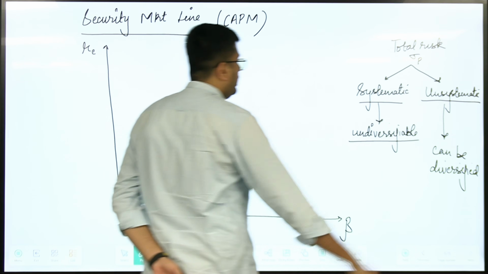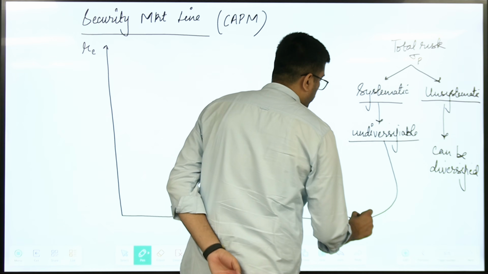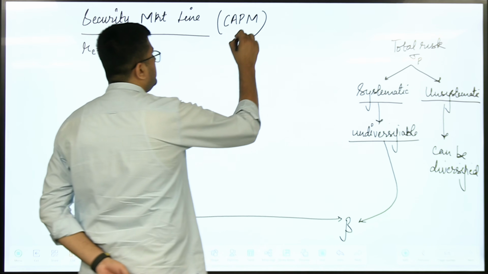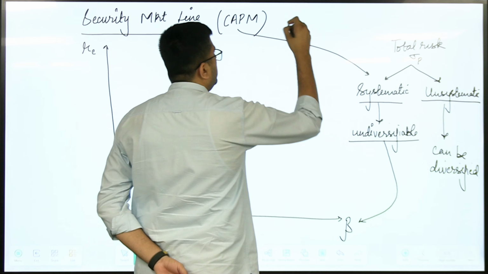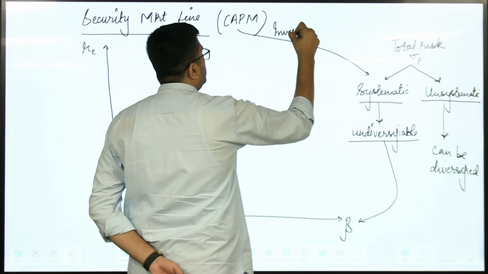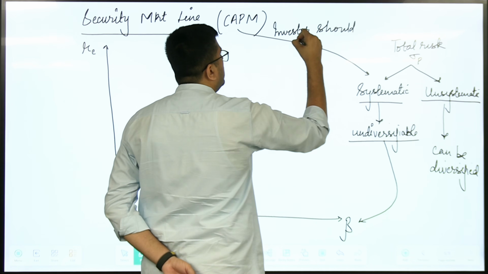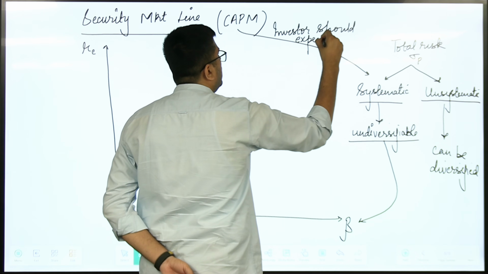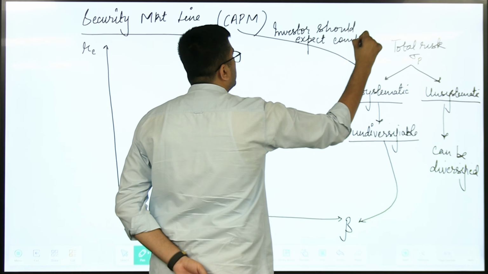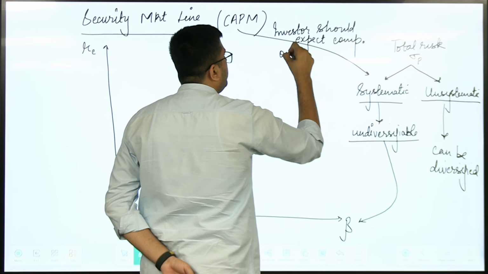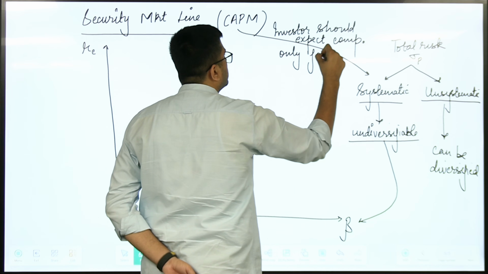Now, why is this important? The security market line or capital asset pricing model says that investor should expect compensation only for systematic risk.